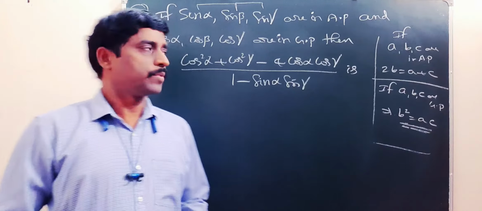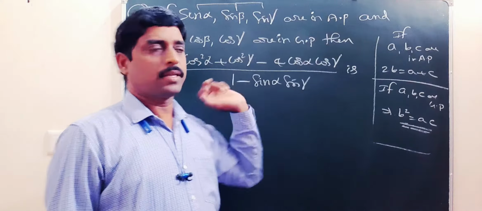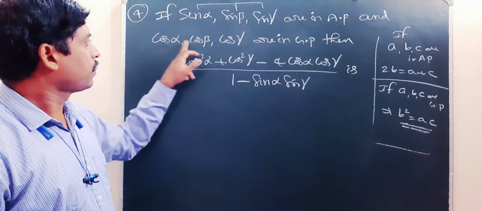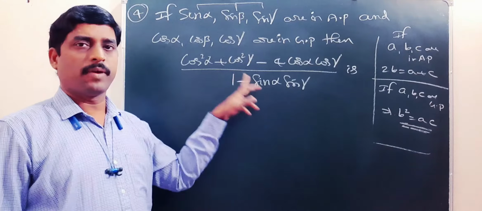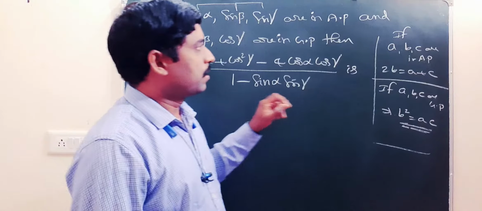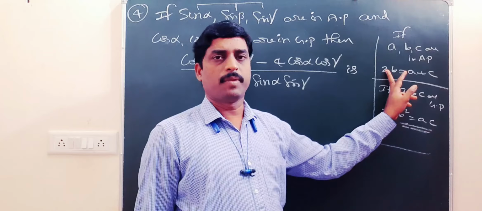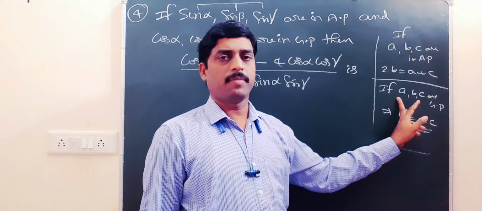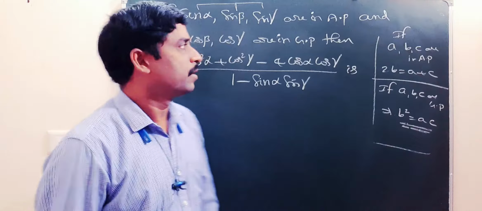Okay, let us go to the next problem. Sin alpha, sin beta, sin gamma are in arithmetic progression, and cos alpha, cos beta, cos gamma are in geometric progression. Then we have to find this value. Okay, if A, B, C are in arithmetic progression, what is the formula? 2b equal to A plus C. If A, B, C are in geometric progression, the formula is B square equal to AC.